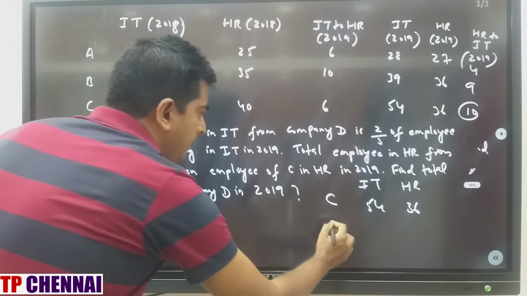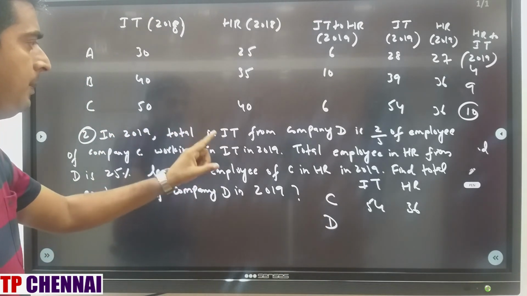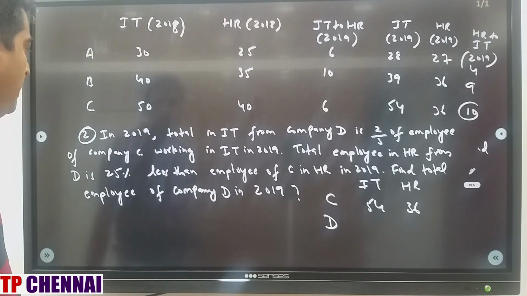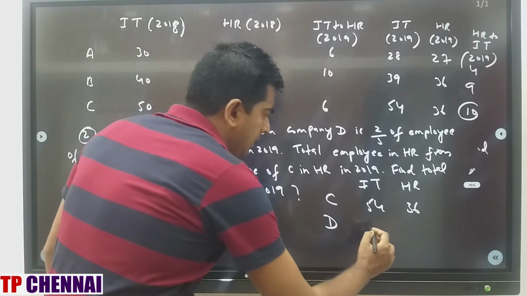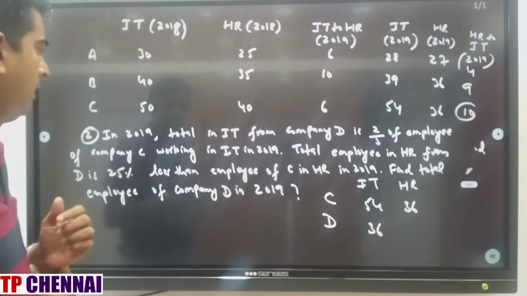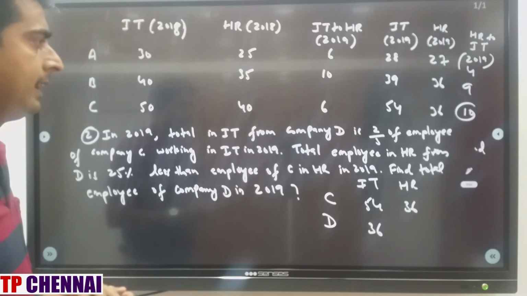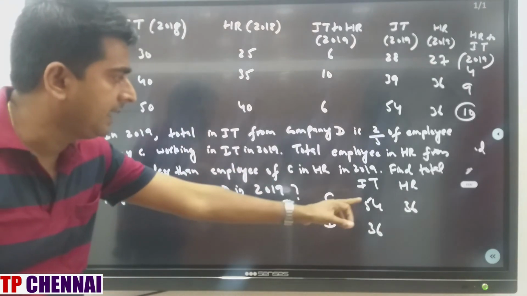Now, this is company D, which we are going to see now. In 2019, in IT department, company D is 2/3 of employees of company C. 2/3 of 54 is how much? 36. Right? Total employees in HR from company D is 25% less than employees of company C in HR.